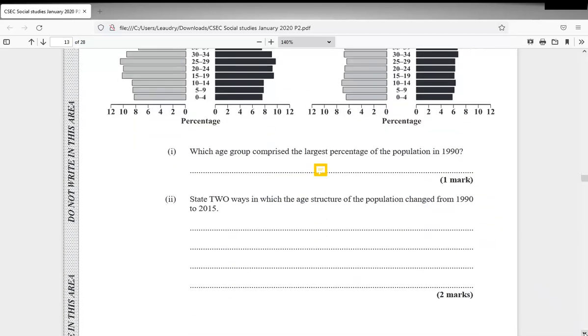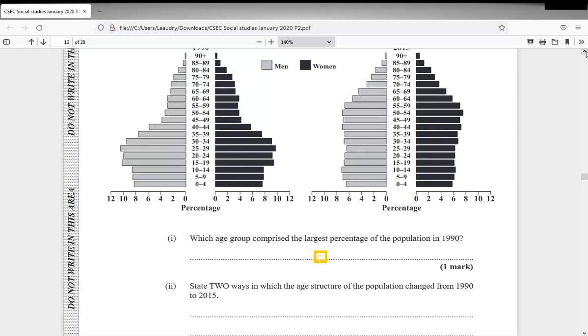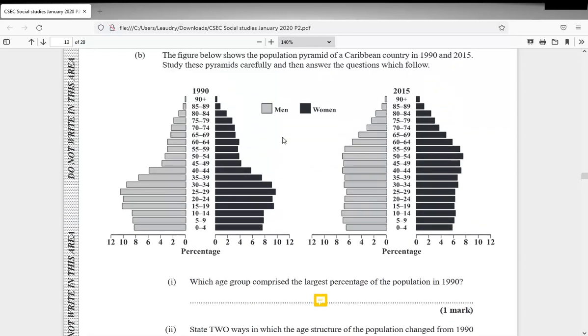The second part says, state 2 ways in which the age structure of the population changed from 1990 to 2015, 2 marks for that. Now, if you notice here, between 1990 and 2015, in terms of the younger population, when we compare the two, there was a reduction in 2015.